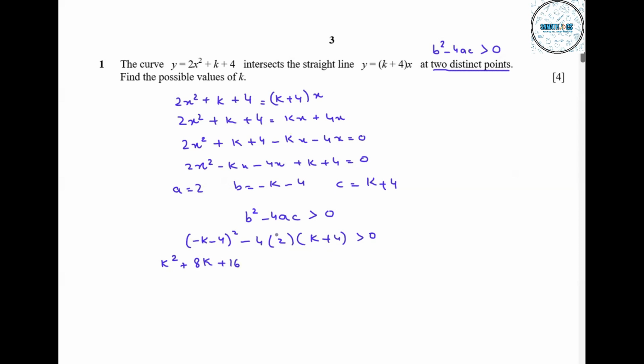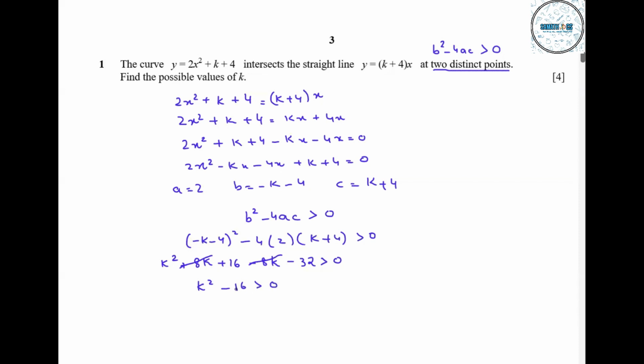Then minus 4 into 2 into k is minus 8k. Minus 4 into 2 into 4 is 32, minus 32. Plus 8k and minus 8k will be cancelled out. We'll be left with k square minus 16 is greater than 0.